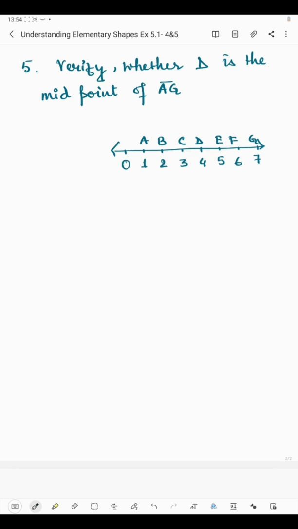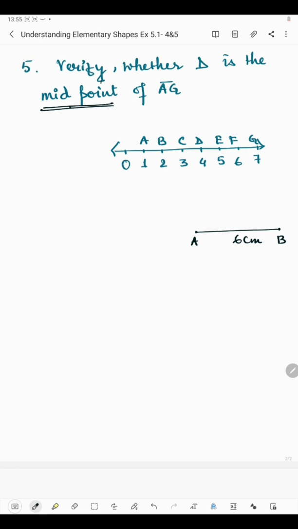Now question number 5 says verify whether D is the midpoint of AG. What do you mean by midpoint? Suppose I draw a line segment of 6 centimeter. Say this is A and this is B. So the length of AB is 6 centimeter.